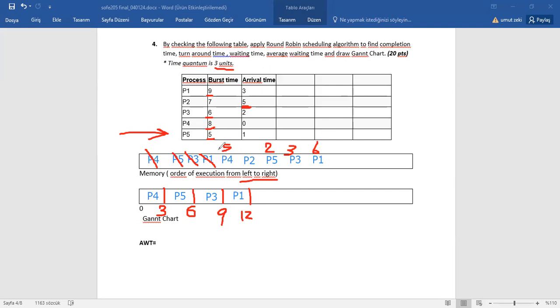Then P4 will be executed. Again, 3 nanoseconds, so 15. And I will put P4 back, still 2 nanoseconds to go. P4, 2 nanoseconds.